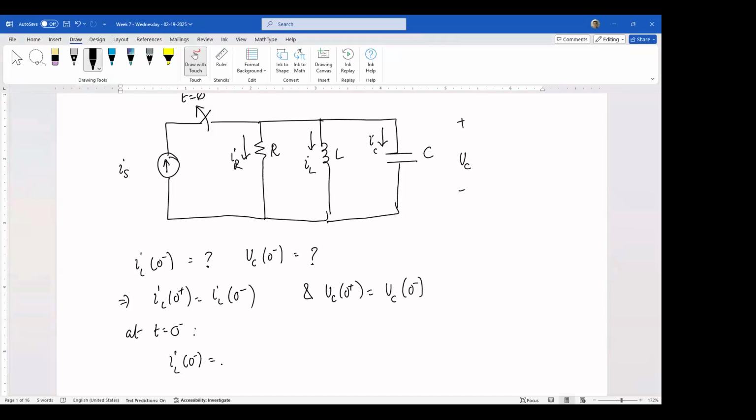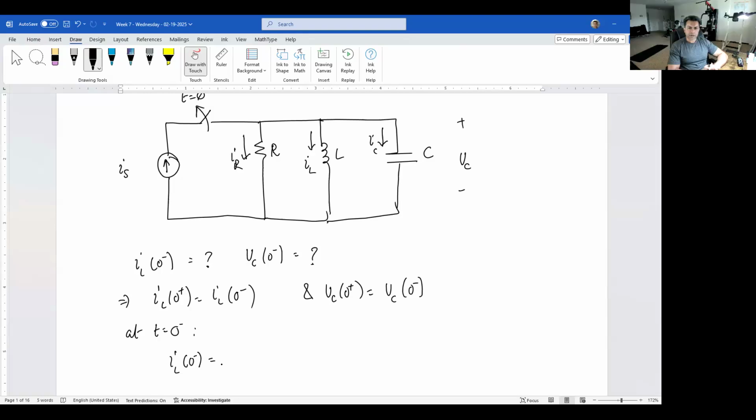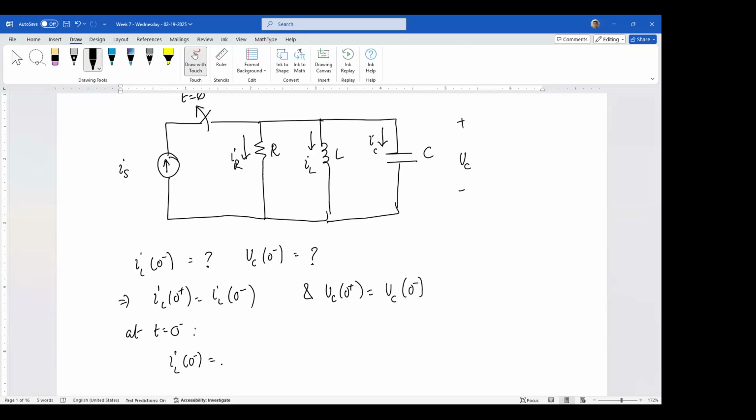Oh, actually, if the capacitor is open, it will just be the current division between the resistor. Actually, if it's shorted, all the current's going through it. Okay, that's the answer I was looking for.